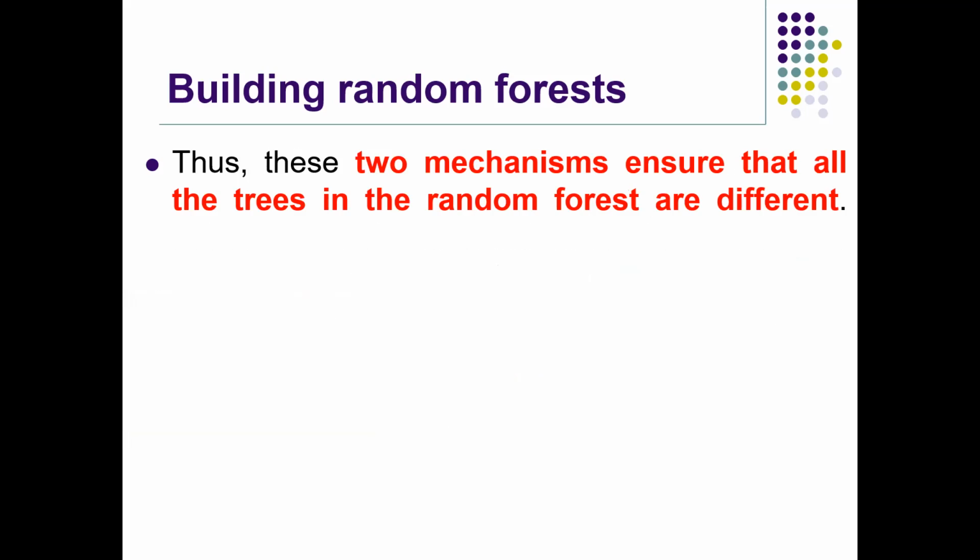So basically, we try to create new data sets for each decision tree in the random forest to train, to build up. Therefore, we are sure that each tree in the random forest is different.